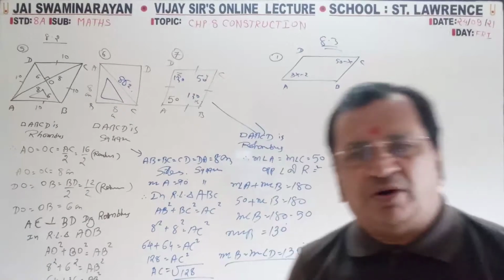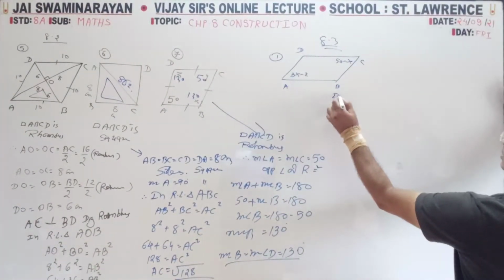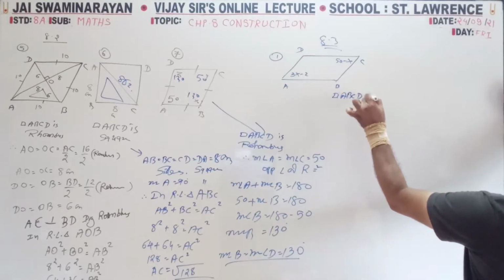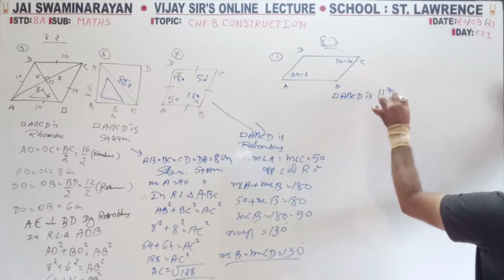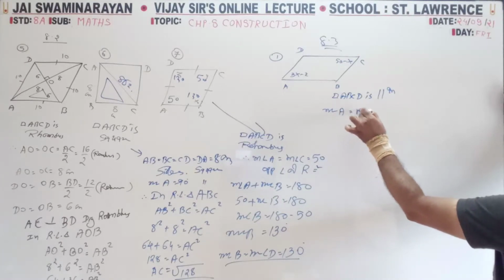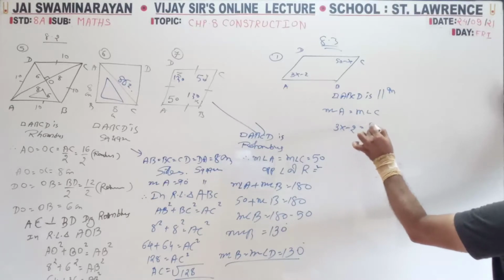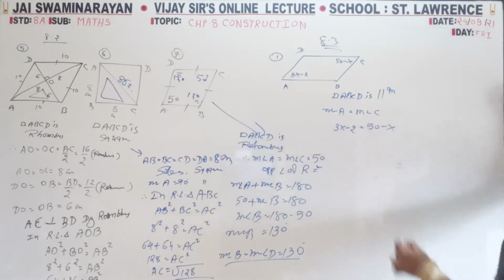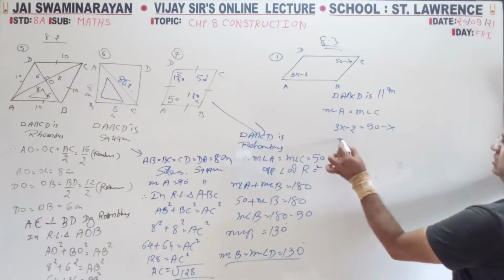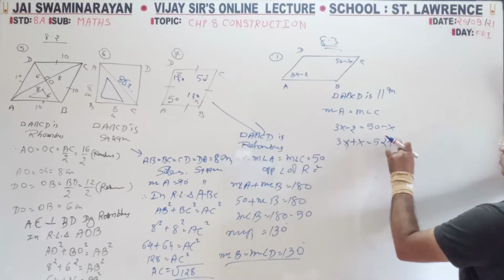Again in a parallelogram, opposite angles are congruent. ABCD is a parallelogram. This is the parallelogram symbol. That is why measure angle A is equal to measure angle C. 3x minus 2 equals 50 minus x. This goes to this side. 3x plus x equals 52, 50 plus 2.